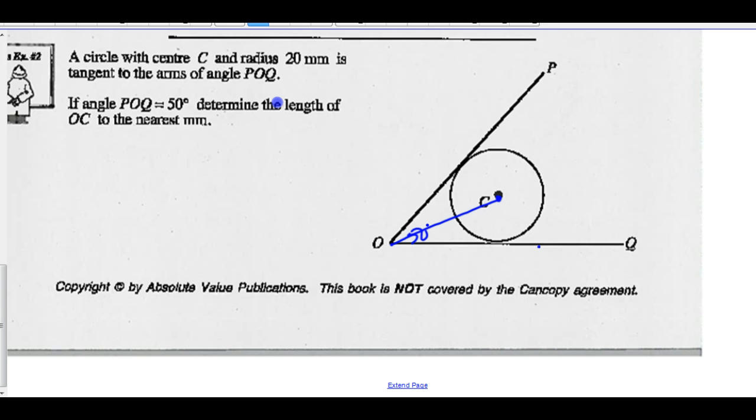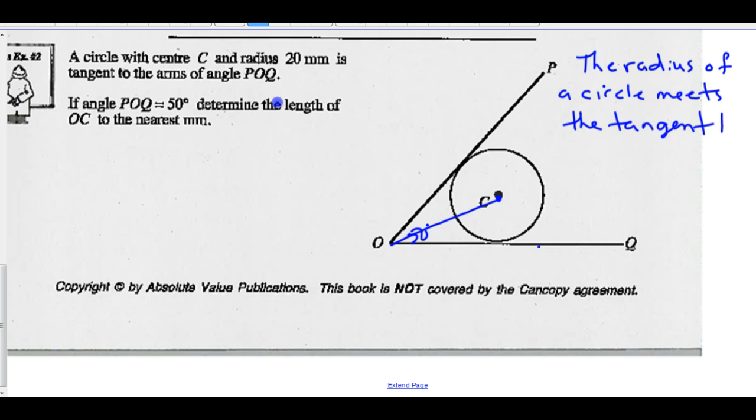What we do know about circles and tangents is this: the radius of a circle meets the tangent to that circle at 90 degrees.